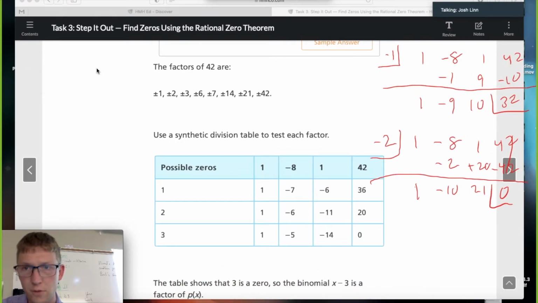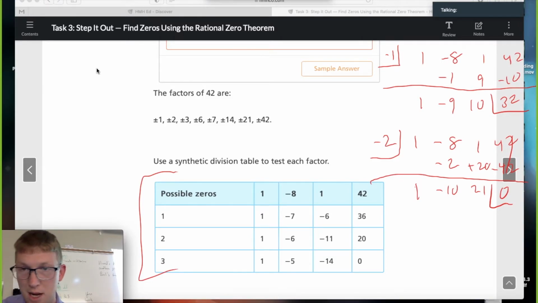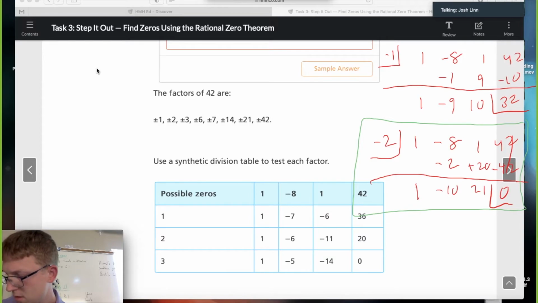So you'll notice if you look at my chicken scratch versus the ones that they picked, they just used the positive numbers. I was using the negative numbers. I got a little confused, but hey, I still found one of our roots.